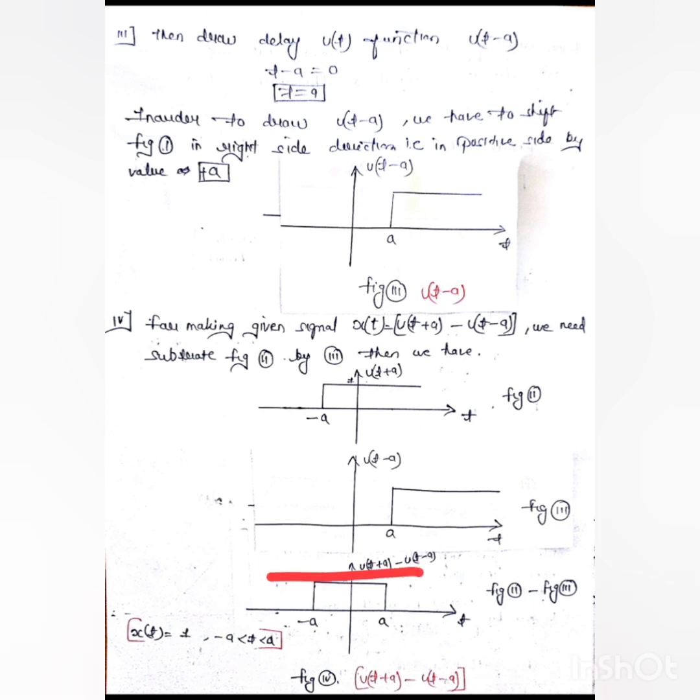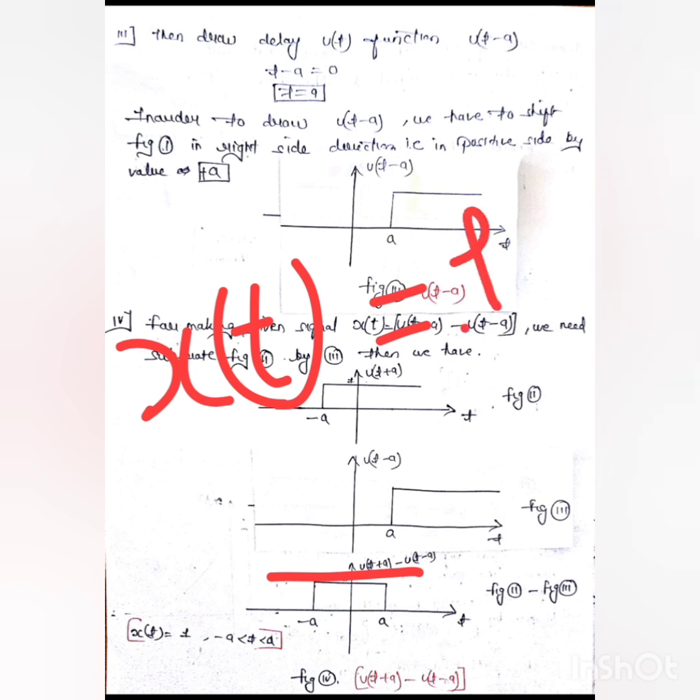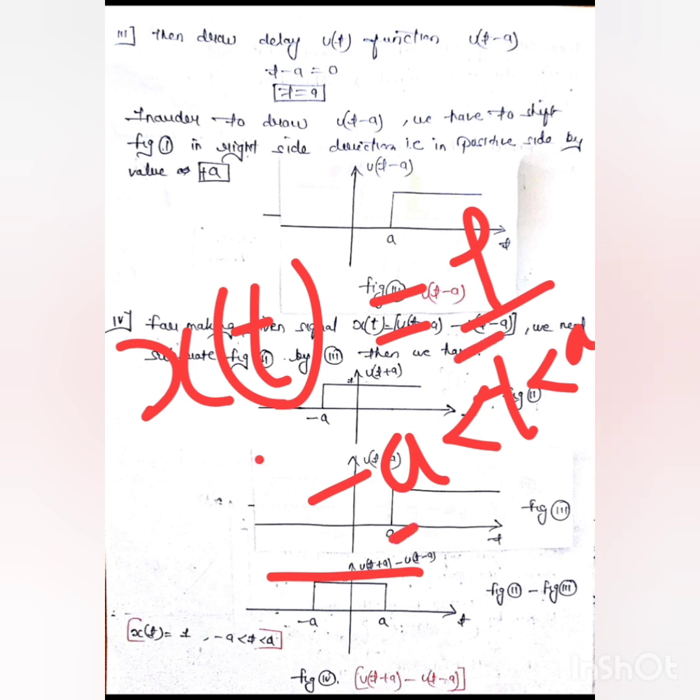So here x(t) equals 1, because the unit step function has magnitude 1, and from the figure the range must be minus a to plus a. Here we have x(t) equals 1 for the range minus a to plus a.